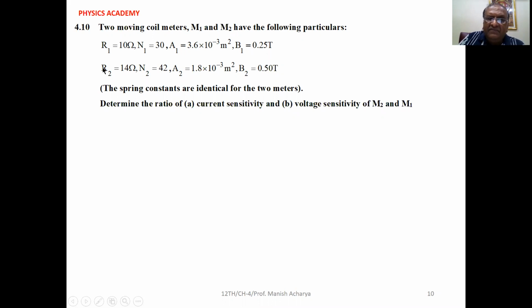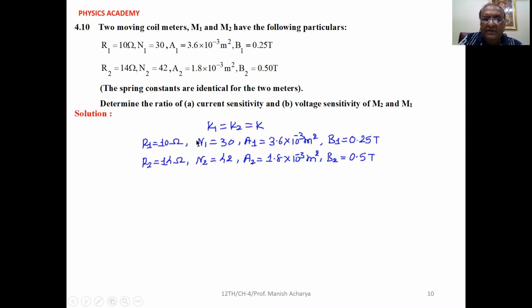For second meter, R2, its resistance that is 14 ohm, total number of turns N2, 42, its area A2, 1.8 into 10 raised to minus 3 meter square, and is in the magnetic field B 2.5 Tesla. The spring constants are identical for the 2 meters. Then determine the ratio of the current sensitivity and voltage sensitivity of M2 and M1.